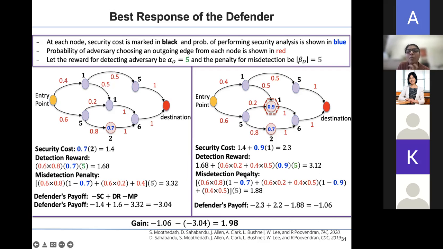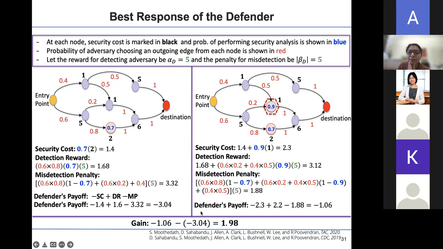And the misdetection penalty value is, I'm not explaining the details here, just all the probabilities with all the cases where you will miss the attack. For instance, 0.4 times 0.5, right? You will miss the attack if the attacker was choosing this path here, which I'm showing using my cursor. So for all those cases, you will get a penalty of 1.88.